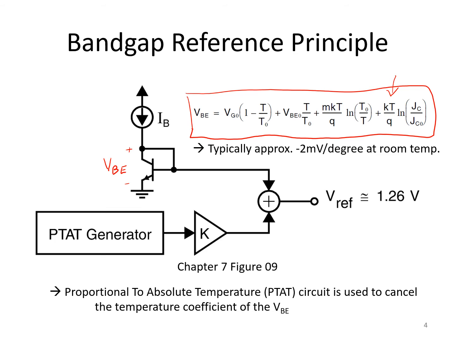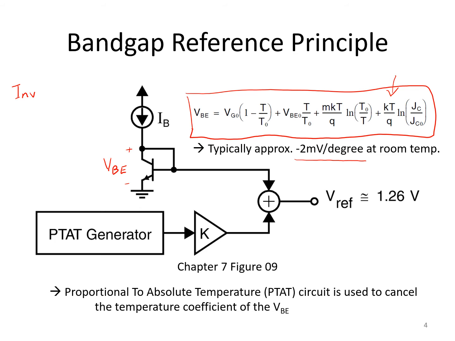That is, temperature goes up, VBE goes down. The value around room temperature is often in the range of -2 millivolts per degree. It could be a little bit less than that, and it'll deviate from that value as you change the temperature. But in any case, it's referred to as an inverse proportionality.